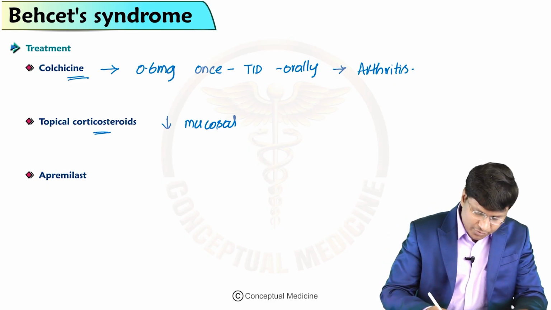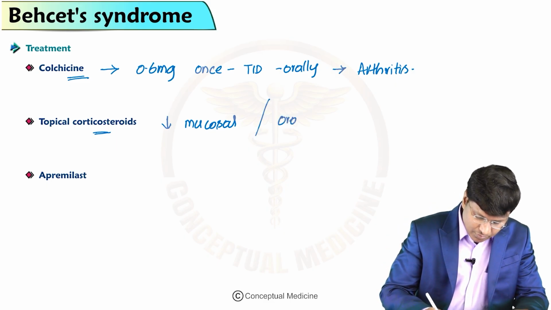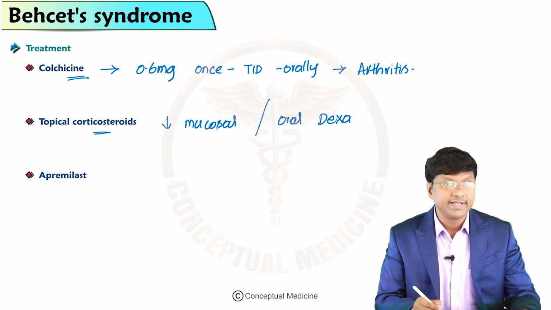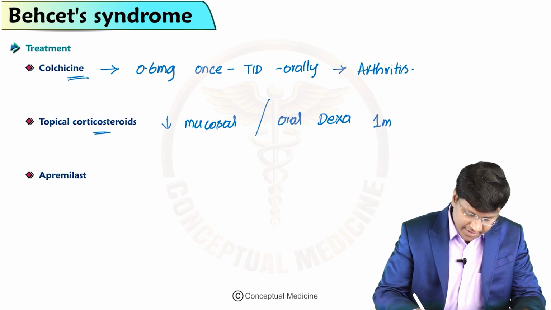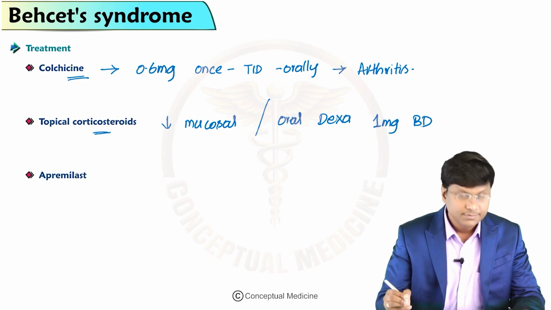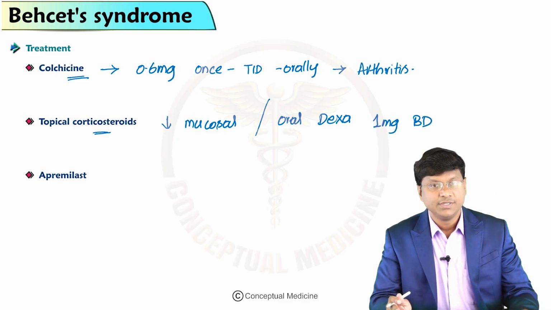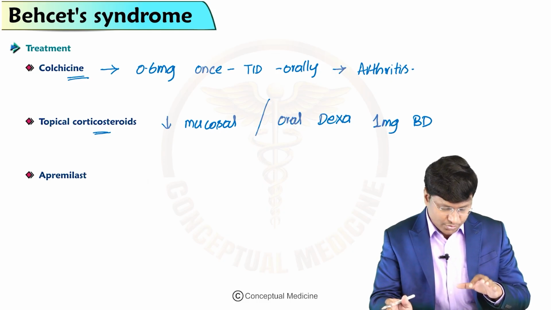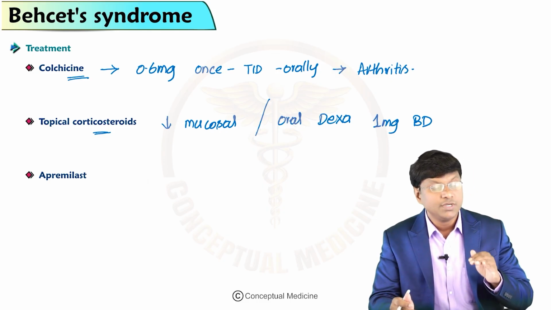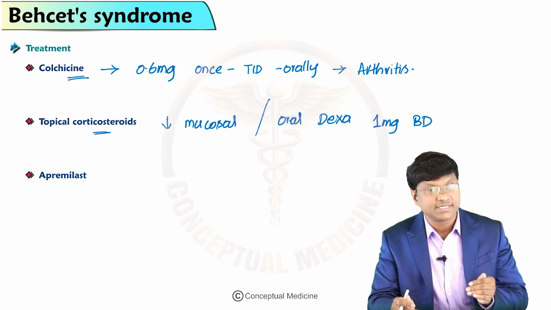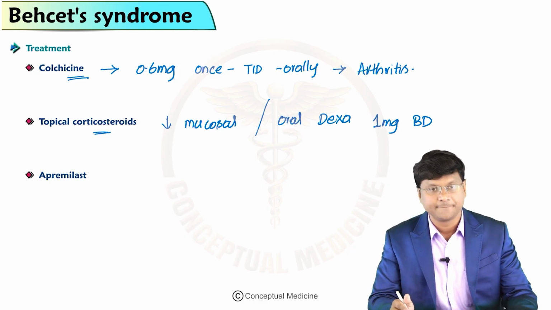Apart from topical steroids, even oral dexamethasone can be given, 1 milligram twice daily. Oral dexamethasone or topical steroids will reduce mucosal findings as well as cutaneous findings.